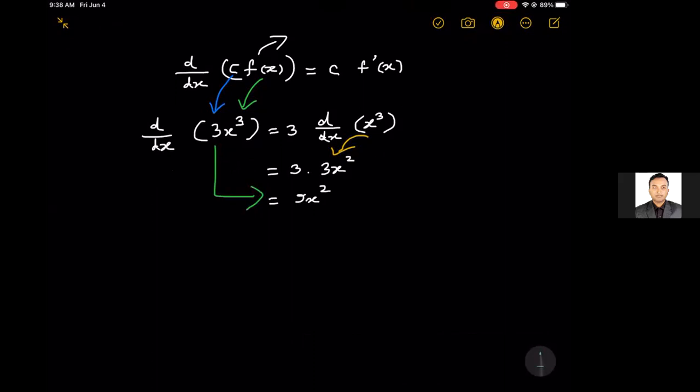So whenever you see a function with a constant multiplied to it, you can just keep the constant outside and find the derivative of the main function. And then you can simplify once you're done. That's kind of a normal algebraic approach, right? Multiplying or simplifying an expression. Any question from this?